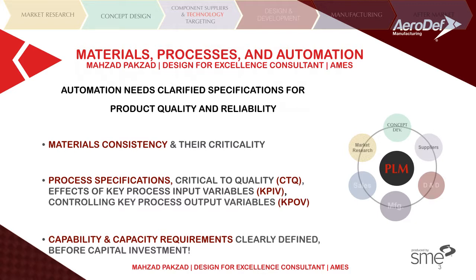Materials consistency and their criticality must be clearly identified. Process specifications, critical to quality, effects of the key process input variables, and controlling key process output variables. They all have to be very clearly defined. Capability and capacity requirements need to be clearly defined before capital investment.